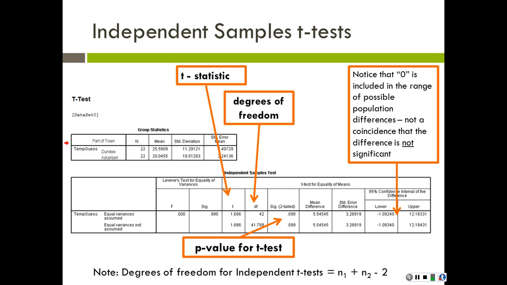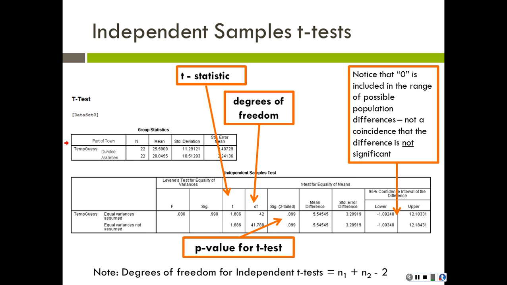Sorry, I guess I'm like you guys, you can't see it as well as I can see it right here on my screen. So this is not significant. Our p-value here is larger than 0.05. There's not a significant difference between the Dundee classroom average January temperature guesses and the Exarban classroom average temperature guesses.